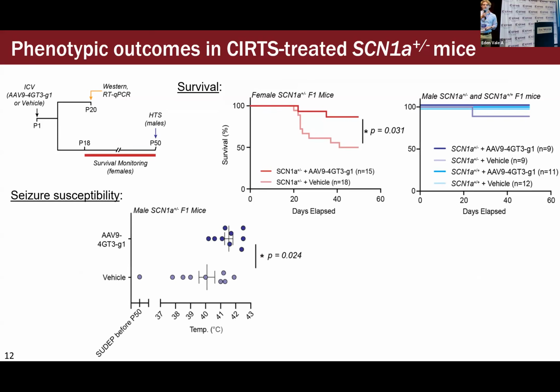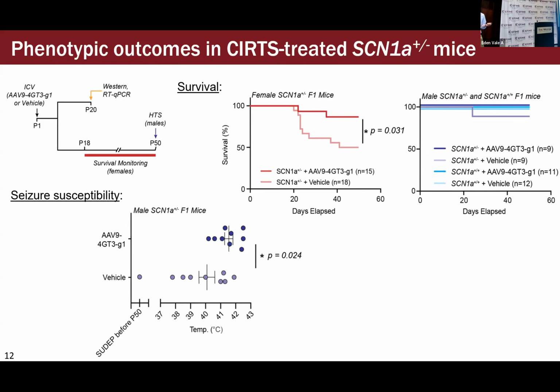So we did a separate experiment where we tested seizure susceptibility to temperature. This is an addition because many parents of children with Dravet syndrome often get the diagnosis when their child has a fever and that fever causes a seizure. So you measure the mouse's internal body temperature while raising the ambient temperature, to record the temperature at which they have a seizure.